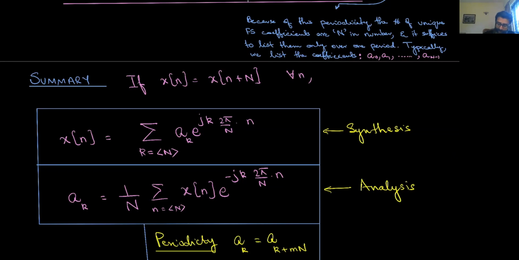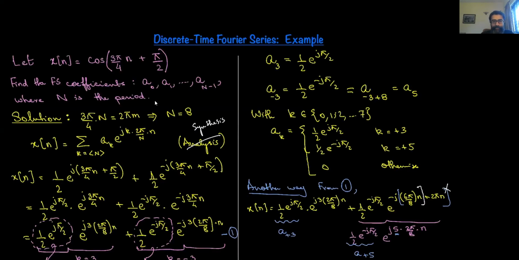Okay, so let me do an example here. The example is quite straightforward. It says cosine of 3 pi by 4 n plus pi by 2, and we need to determine the Fourier series coefficients. Of course, you can apply the analysis equation. I am not going to do that.